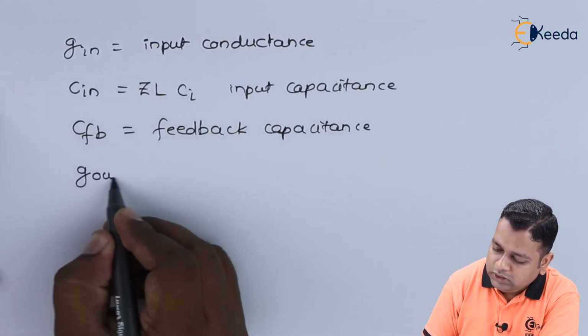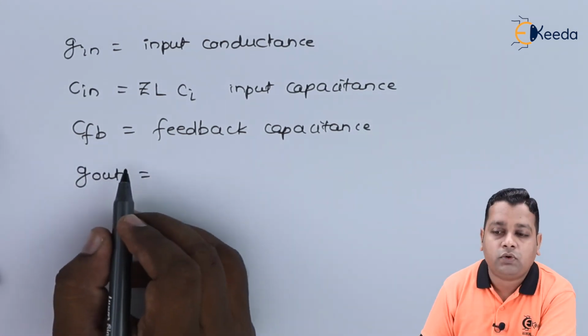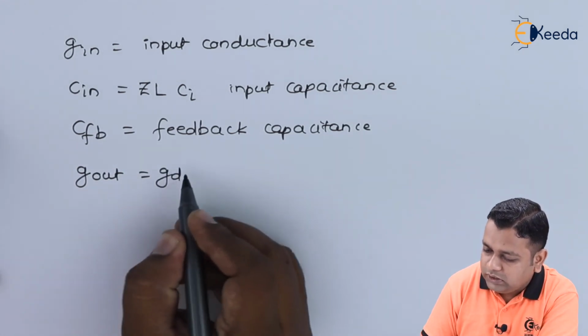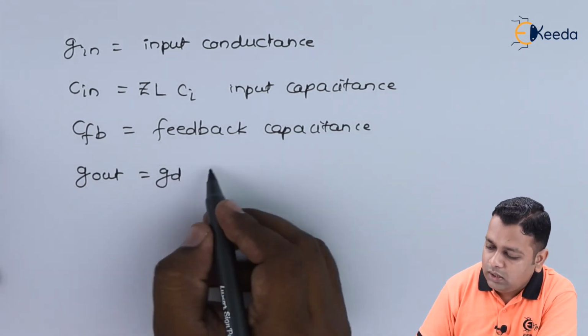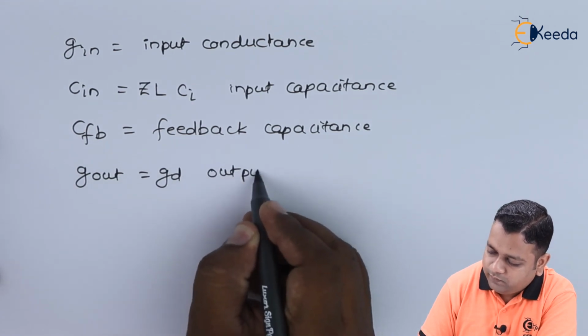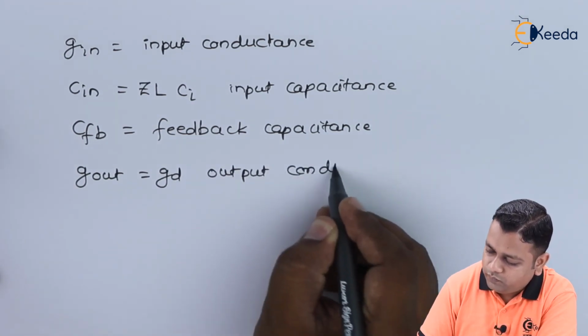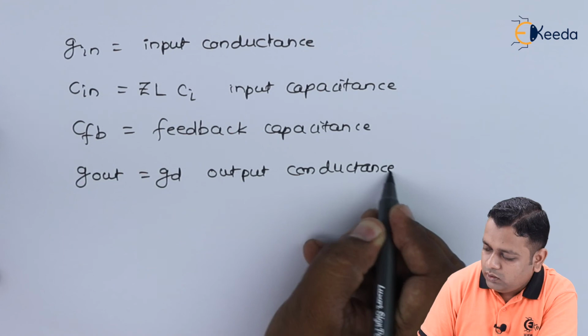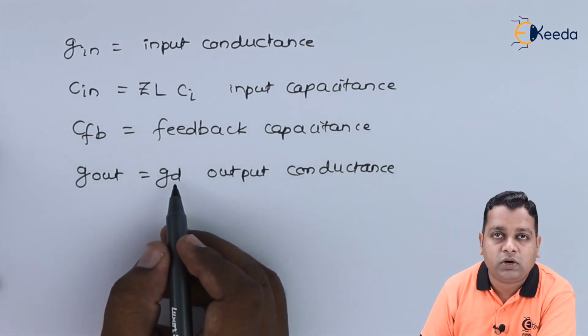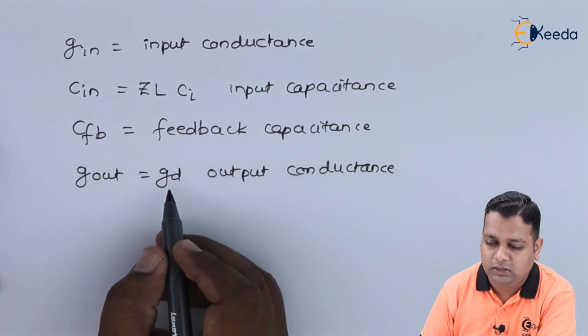We have G suffix OUT corresponding to the value of G suffix D, that is the output conductance. Here the suffix D is corresponding to the output terminal drain here.